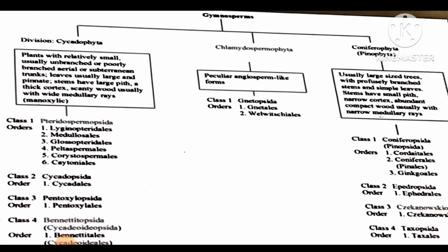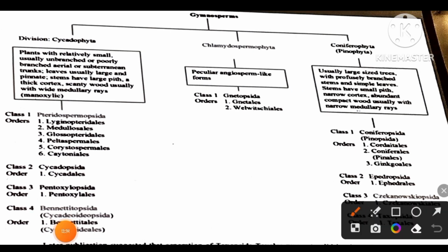He further divided the Cycadophyta into four classes, that is the Pteridospermopsida, Cycadopsida, Pentoxylopsida, and Bennettitopsida.